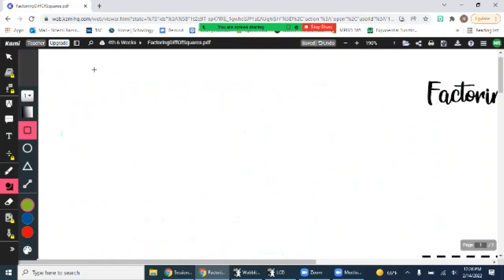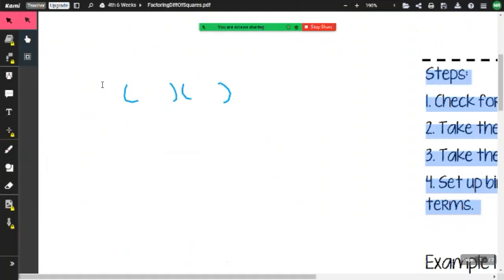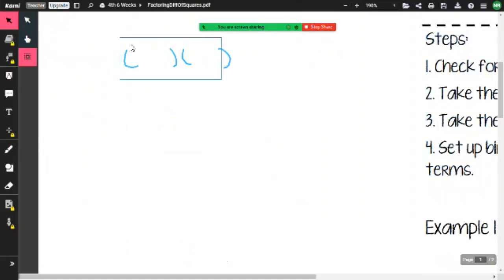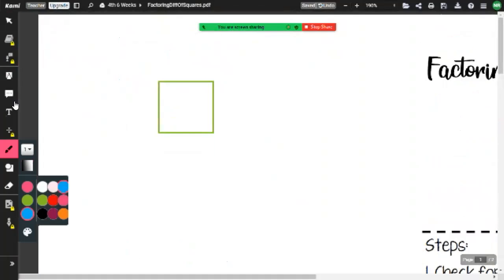Okay, what characteristics do you know about a square? It has 4 what sides? Equal sides, meaning all sides are the exact same measurement. So here we have one box, meaning that the length, the width and the height and width are going to be what number? 1 and 1. It is a perfect square.